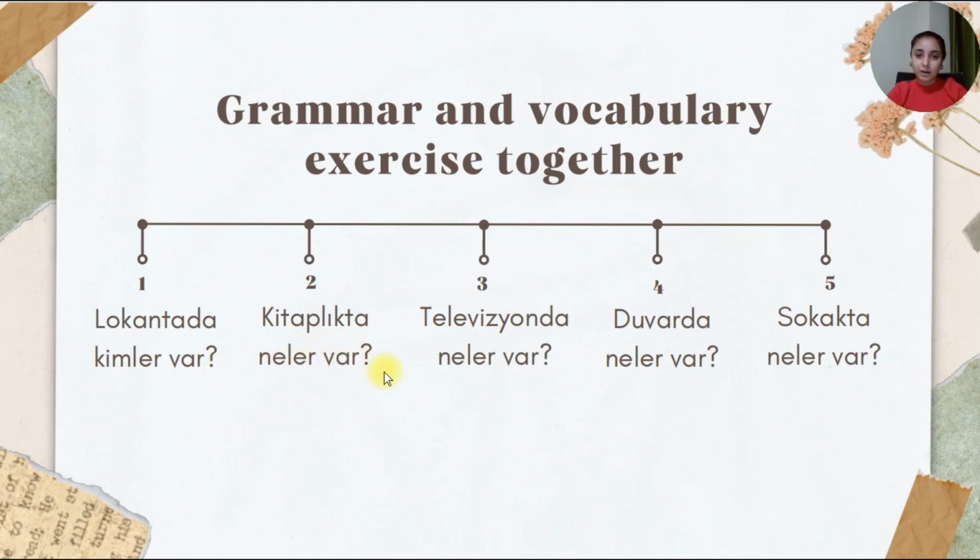Kitaplıkta neler var? What are the things in the bookshelf? Kitaplık, it is bookshelf. Televizyonda neler var? What are the things on TV? What is on the TV? Duvarda neler var? What are the things on the wall? Sokakta neler var? What are the things on the street?